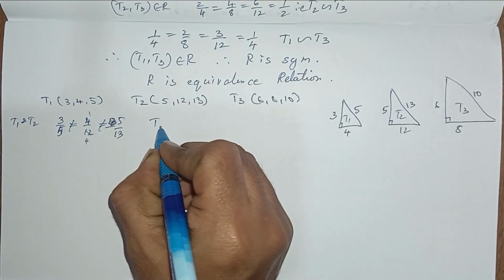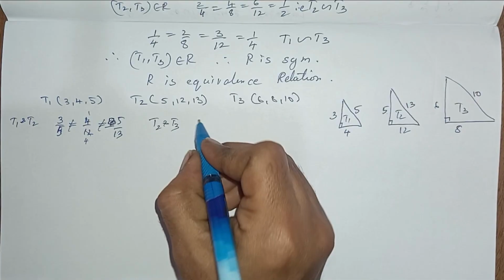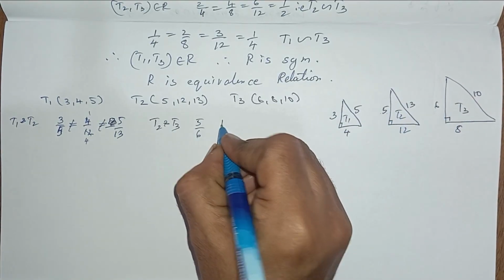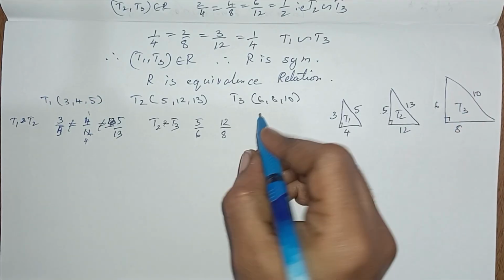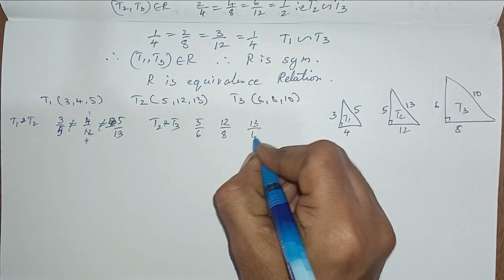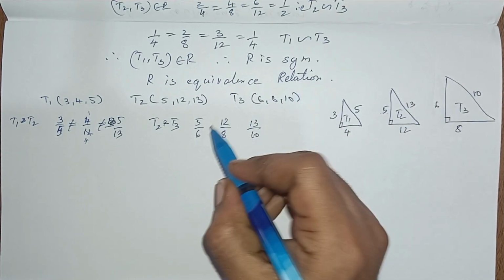Now next we will check for T2 and T3. So T2 taking 5 by 6, next is 12 by 8, then again you have 13 by 10.